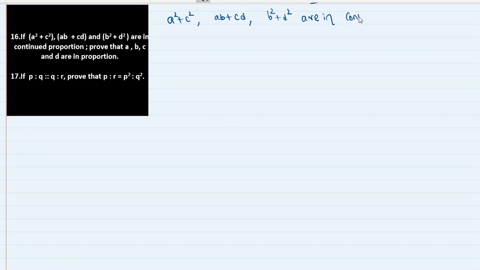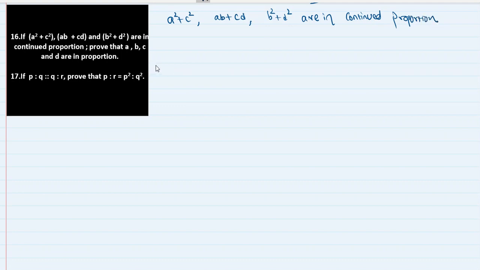If a square plus c square, comma, ab plus cd and b square plus d square are in continued proportion, prove that a, b, c and d are in proportion. Okay, so they say that a square plus c square, comma, ab plus cd, comma, b square plus d square are in continued proportion.